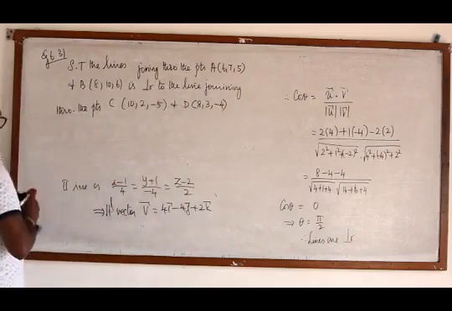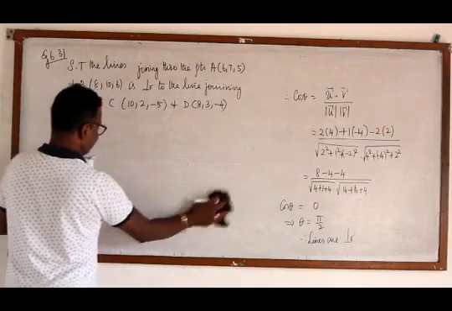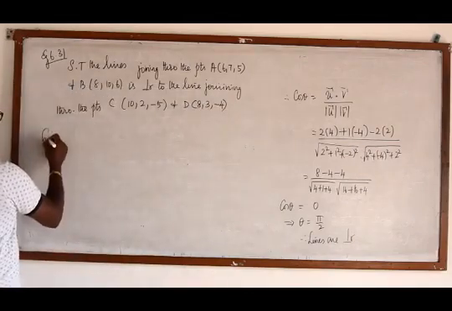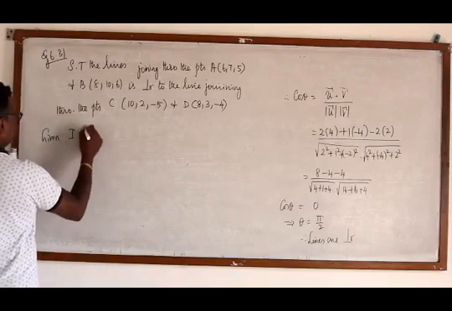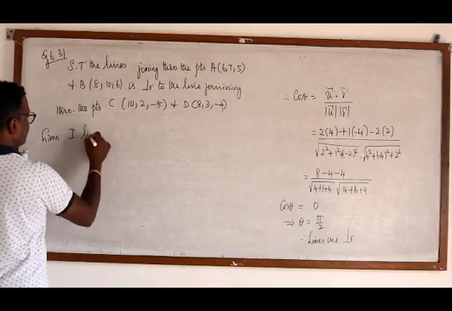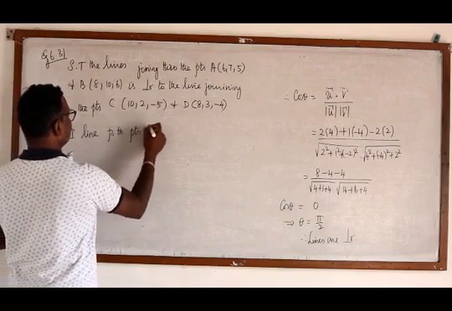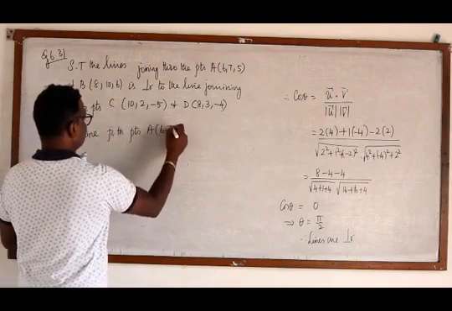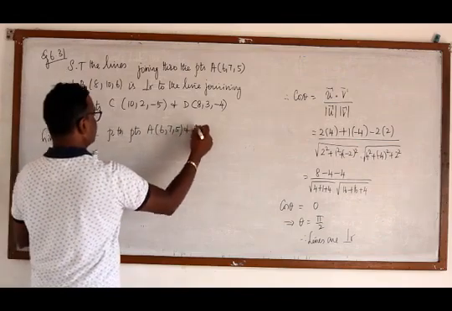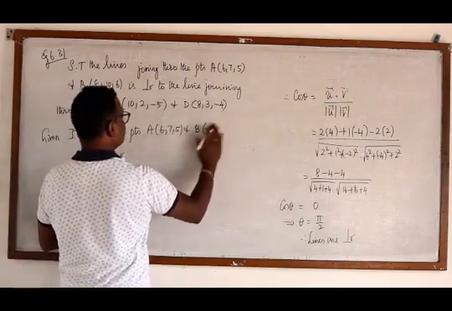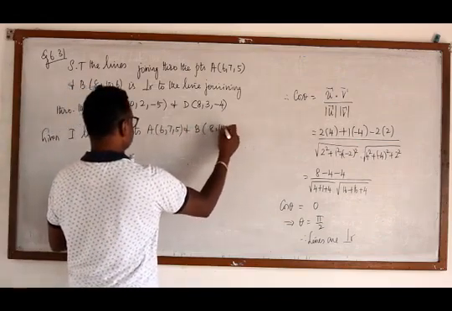Now, remember, I have to identify the vectors. The first line passes through points A(6, 7, 5) and B(8, 10, 6).